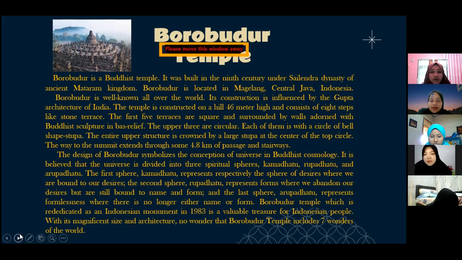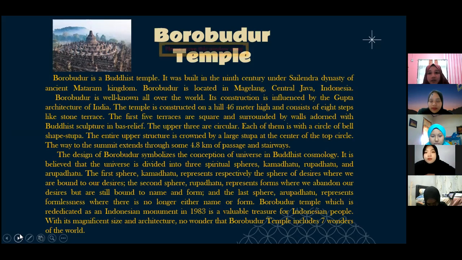The first 5 terraces are square and surrounded by walls underneath with Buddhist sculpture and bas reliefs. The upper three are circular.